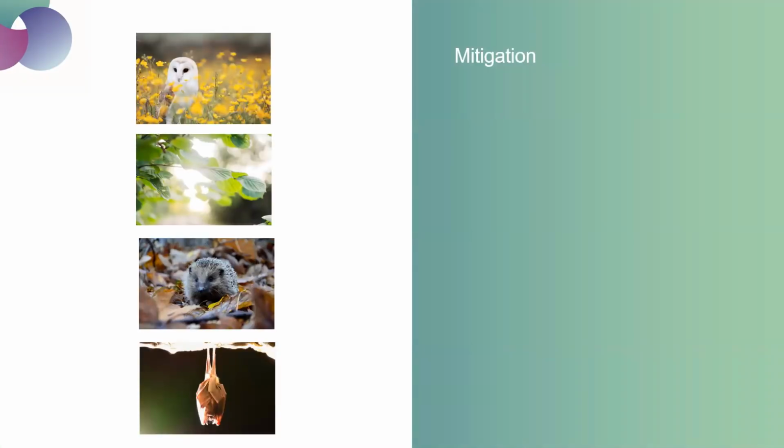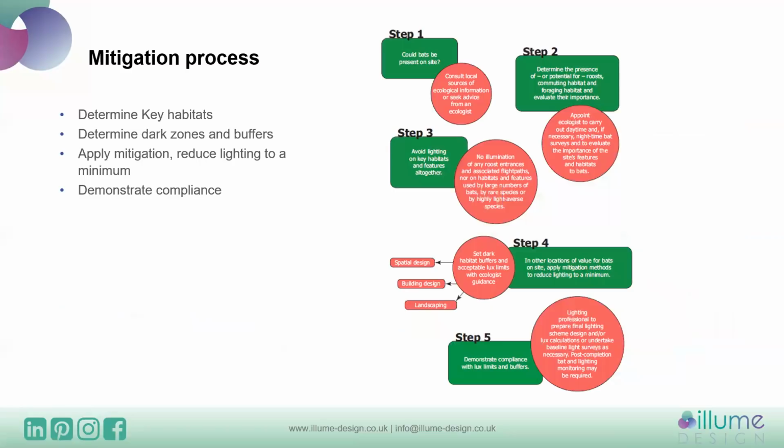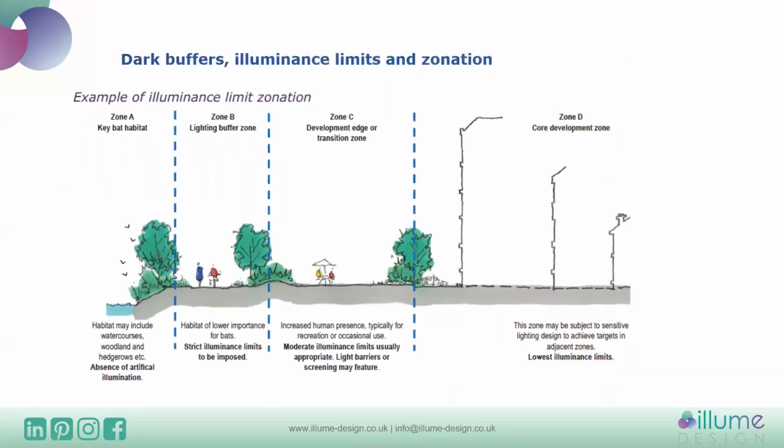So briefly, I'm going to talk about mitigation. So really, the mitigation, as I said, should be built in during the design process as primary mitigation. And the mitigation process is talked about in the guidance with a useful process chart that goes through what needs to be done, identifying key habitats, and right through to demonstrating compliance.